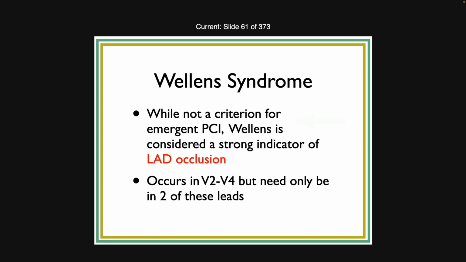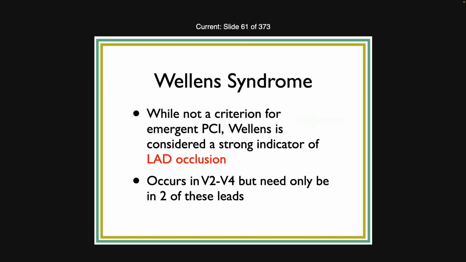So think about it: you have a patient exhibiting signs and symptoms of ACS, and you're looking at the 12 lead and maybe you don't see STEMI criteria, but you do see something that's considered a strong indicator of LAD occlusion. At the very least, that's going to up your level of suspicion that something is happening or that this is a patient we pay attention to.